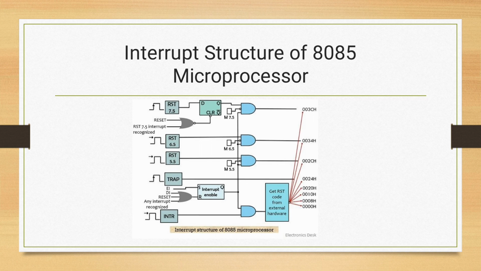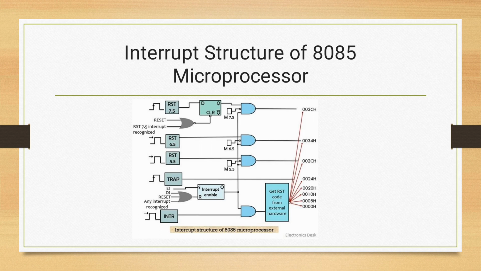Moreover, these interrupts have several mask bits and they can be selectively masked. Using EI and DI instructions, you can enable or disable all of these interrupts, which I have already told.